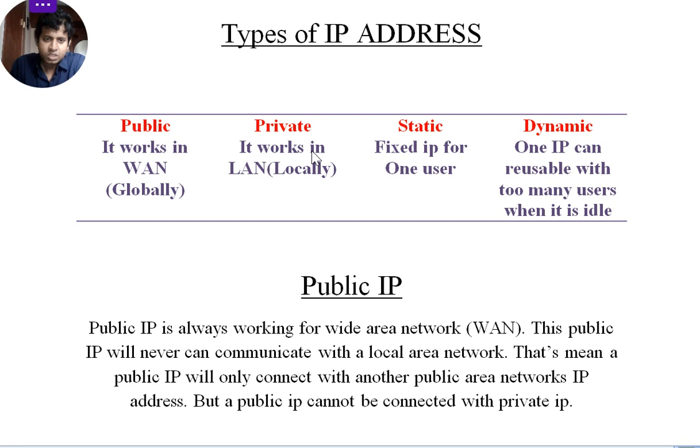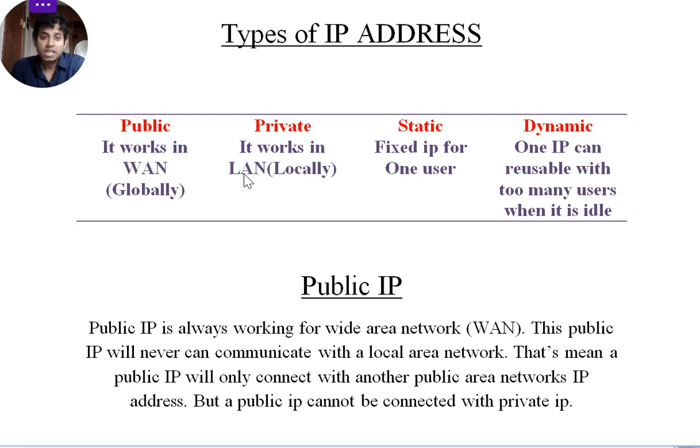Basically, what is a public IP address? I already noted here that a public IP address works in a wide area network. We know about basic network classification: we have LAN, MAN, WAN, CAN.